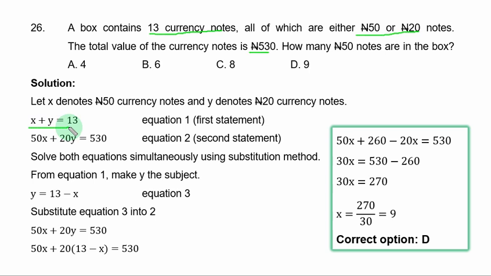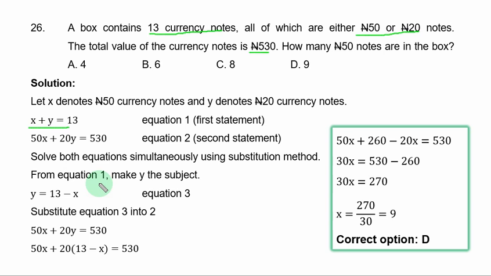So let's solve both equations simultaneously using the substitution method. In that method, you recall any of the equations and make any of the variables the subject, and continue the solving process. From equation 1, make Y the subject, because we are looking for 50 naira notes.